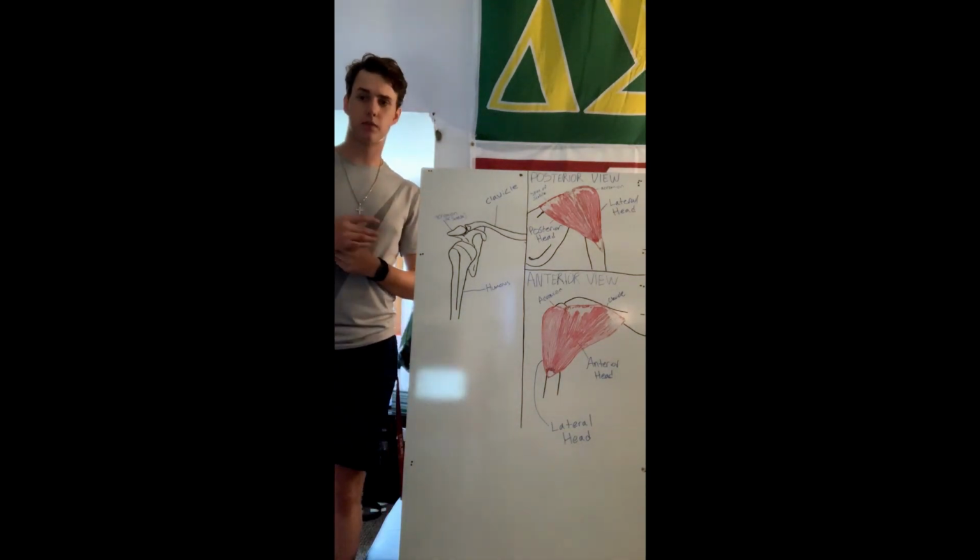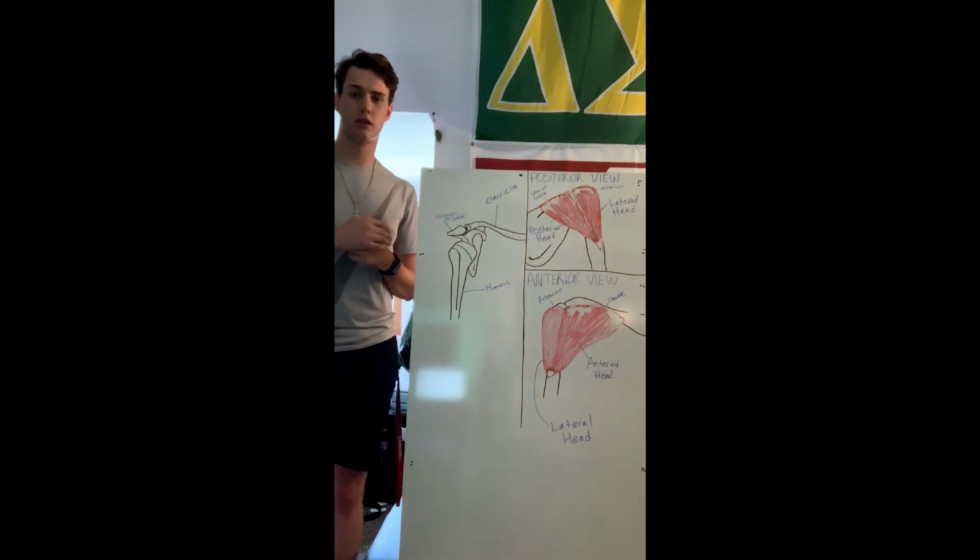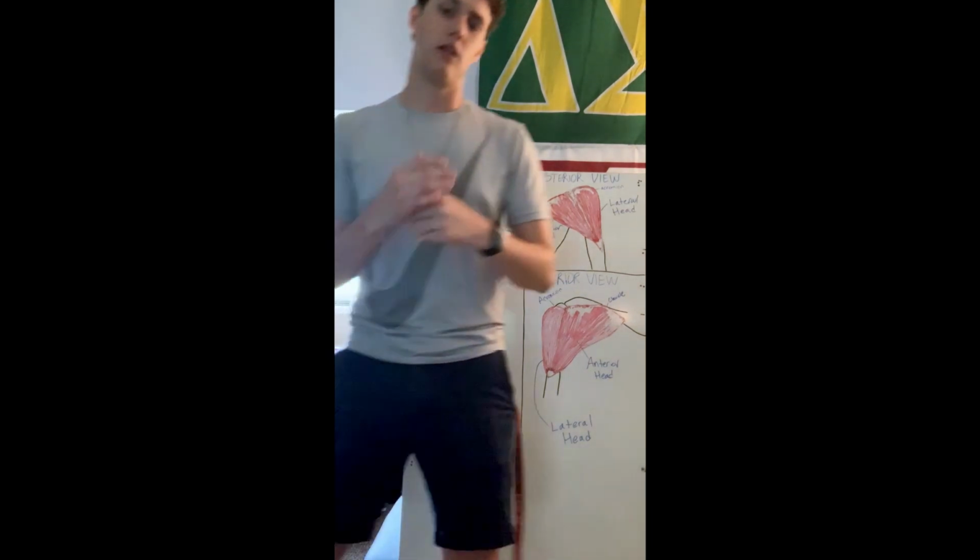They're actually responsible for another main motion, and this is rotation of the humerus. So, again, when we're rotating the humerus, we're going to move anteriorly like this. This is anteriorly. And as soon as we hit here and move this way, we're going posteriorly.